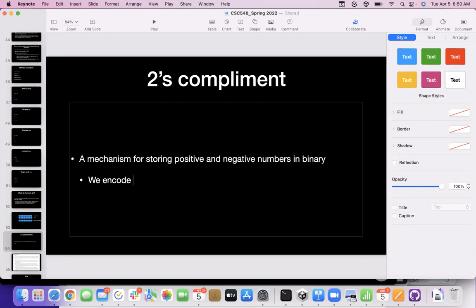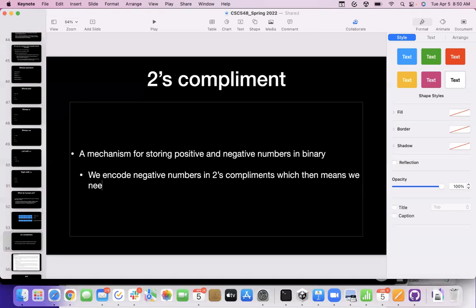We encode negative numbers in 2's complement, which then means we need to decode the actual value when we read the number. And maybe next time we'll actually look at 2's complement.